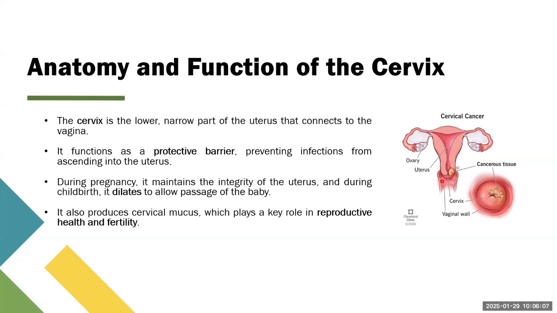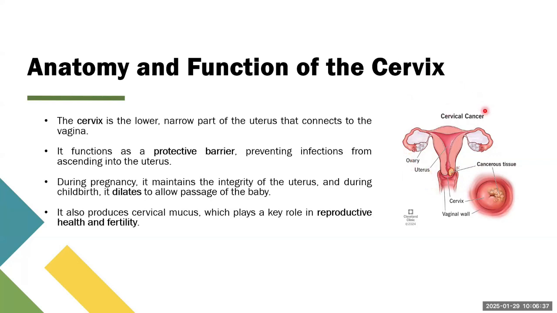But what is the structure that prevents the infections from ascending up to the uterus? That is the cervix. In most cases, infections do not ascend, but in some cases like chlamydia infection or some other infections, the infection ascends to the uterus or the pelvis of the female. That would convert an STI into pelvic inflammatory disease.